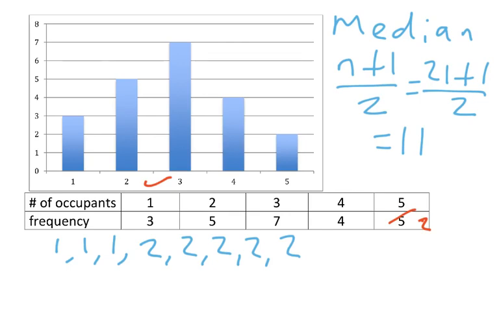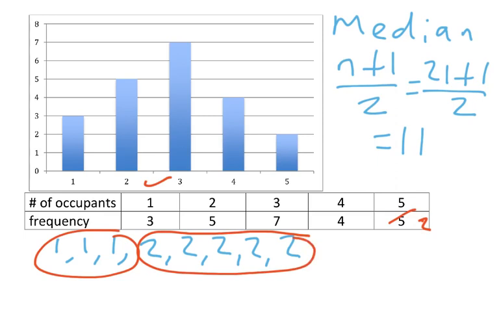We have 3 ones, so that's the first 3 positions. 5 twos, 3 plus 5 is 8, so I'm looking at 8 positions in my list of numbers. 7 more would give me 8 plus 7, 15.